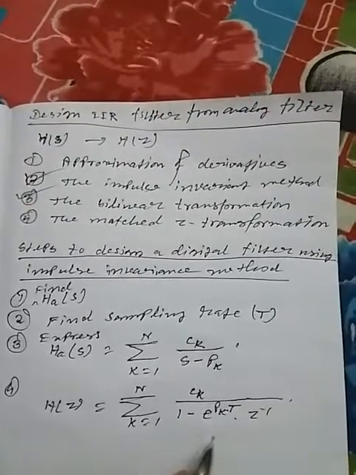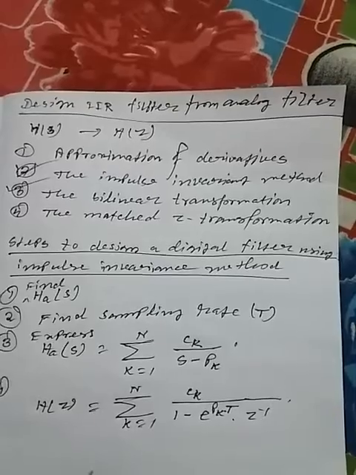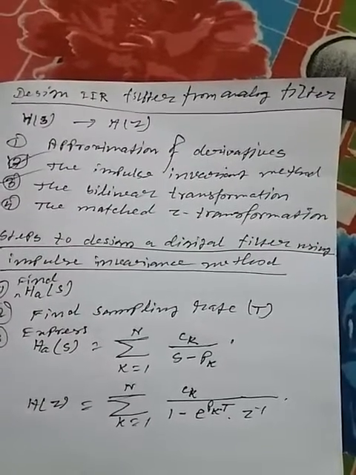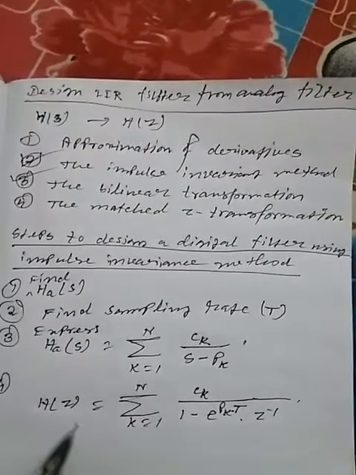What is T? T is the sampling rate. This is the transfer function of the digital filter.